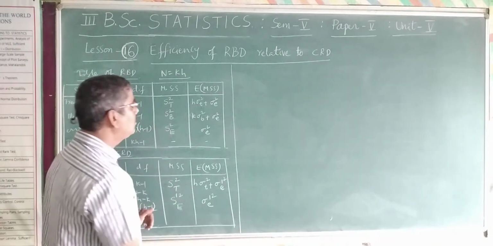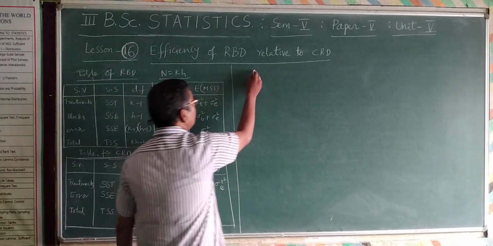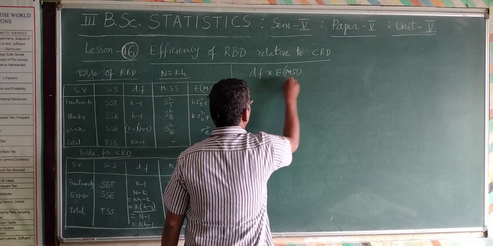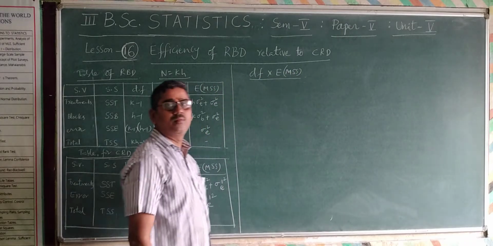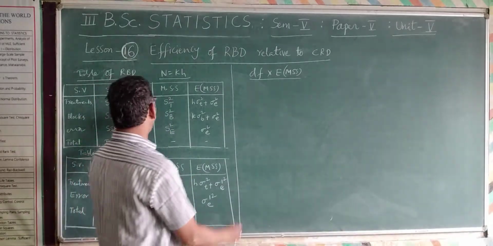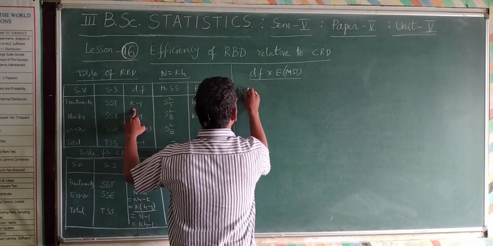So what do I do? I multiply degrees of freedom by expectation of mean sum of squares. You multiply directly, it is a simple calculation.